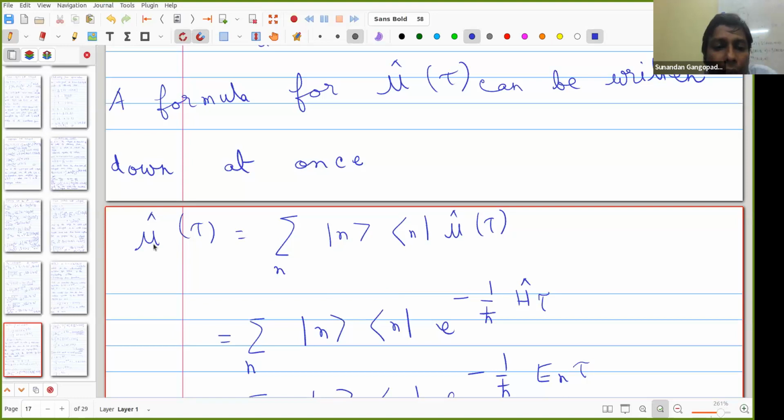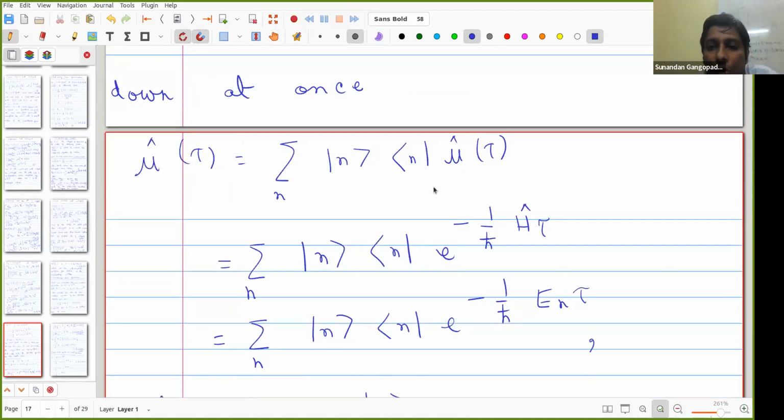I can write down U hat(tau) as some identity operator, because these eigenstates of the time independent Hamiltonian form a complete basis, and therefore the summation over n of |n><n| is equal to the identity operator. So summation over n of |n><n|, and then you have U hat(tau) here. And now I just put in the form of U hat(tau), which is e to the power of minus 1 by h bar Hamiltonian operator tau.